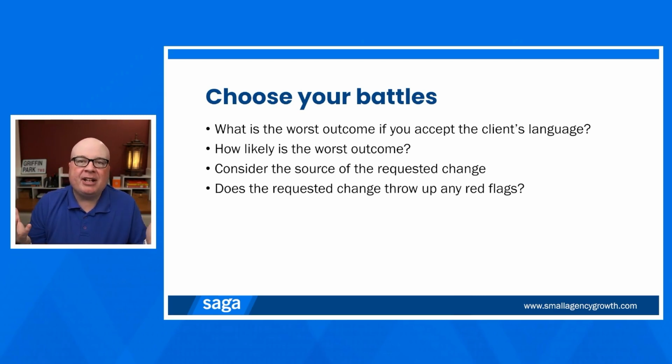And so understanding the different perspectives, who's making the request, and sometimes you need to go to your client contact and try to get them to rein in the lawyer that they have operating on their side. And depending on how the organization is structured and the clout of your client contact and all of these things, it can make a difference in the eventual outcome. But understand who is asking for it, because it's very different when it's the client contact versus when it is the lawyer. And so that can help you to understand how you evaluate that requested change.